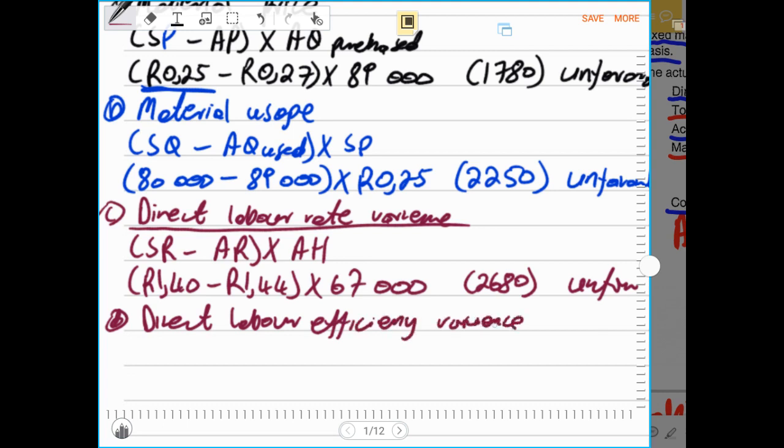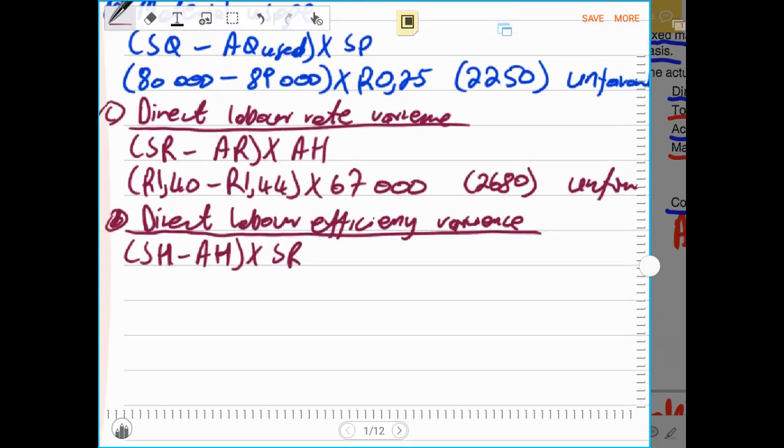Remember, the efficiency variance will be looking only at the hours. It is standard hours minus actual hours, times the standard rate of labor. And you know that the standard labor rate per hour is 1 rand 40 cents. That is the standard rate.